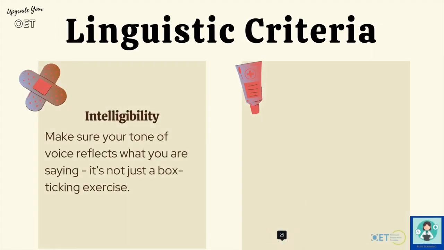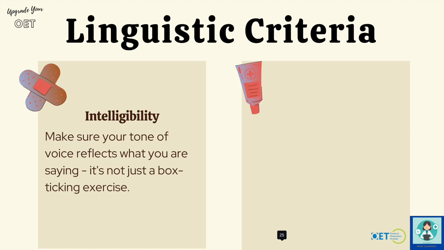So what do you have to do to get those higher grades then? In terms of intelligibility, make sure your tone of voice reflects what you're saying. We're not just going through a tick boxing exercise, however you want to put it. So if you say, "I'm so sorry to hear that," make sure your voice says it, not just the words.